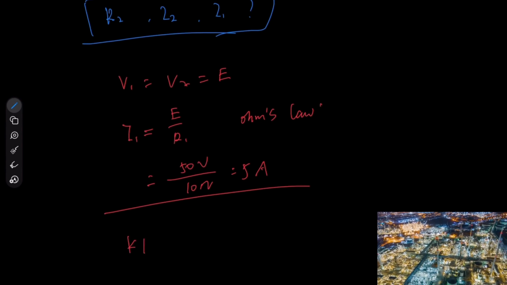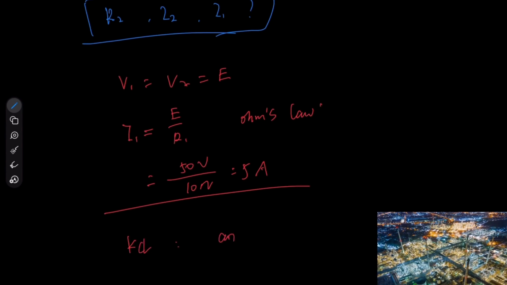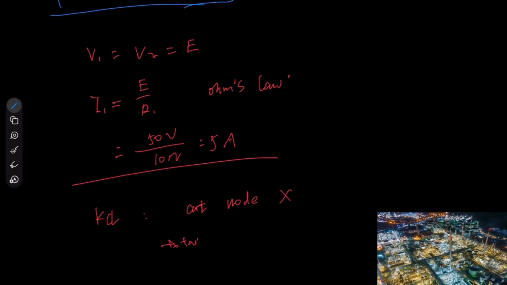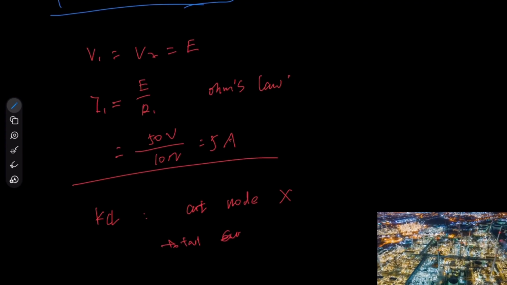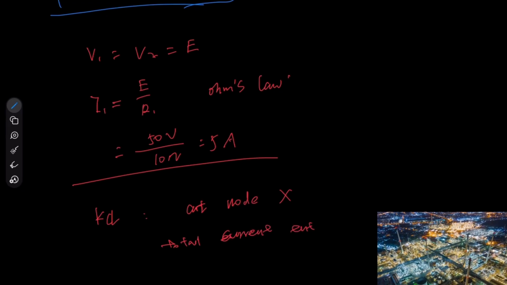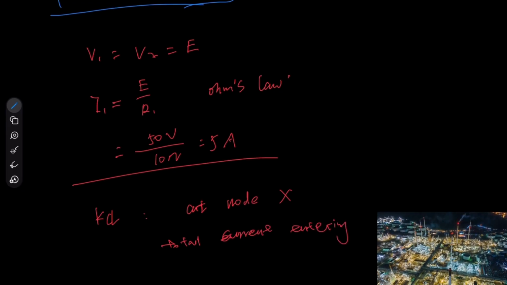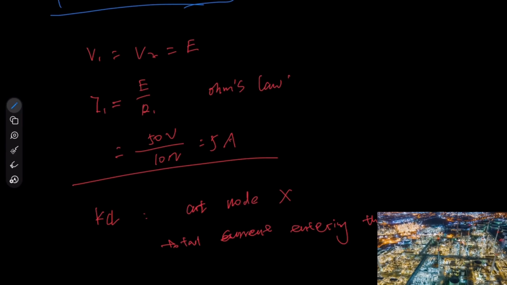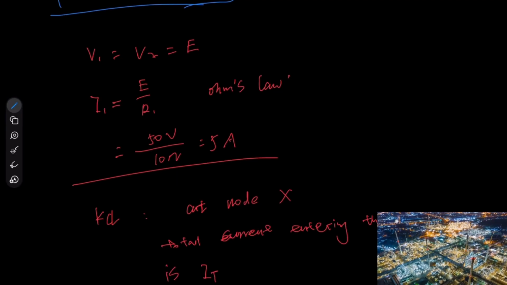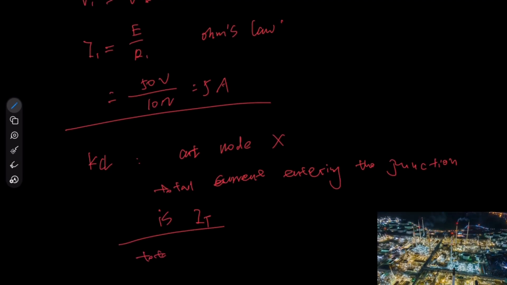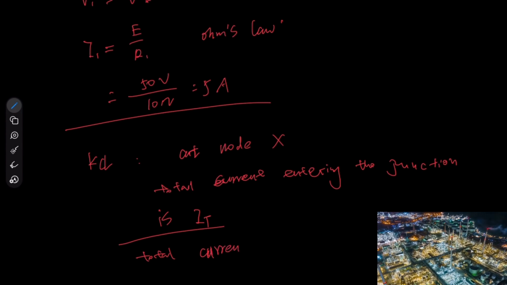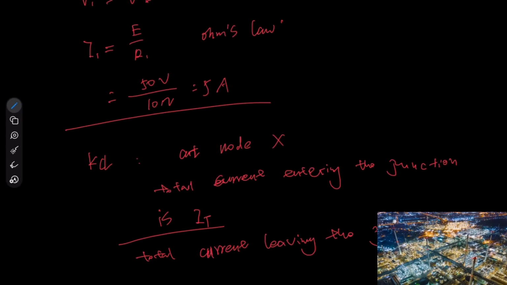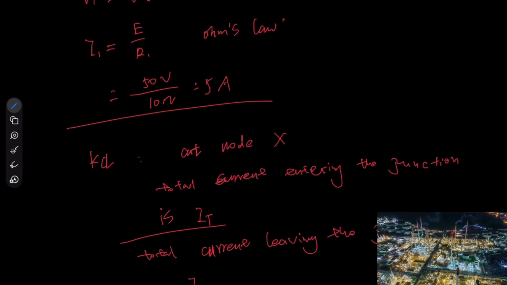Now we use KCL at node X. The total current entering the junction, IT, and the total current leaving the junction is I1 plus I2.